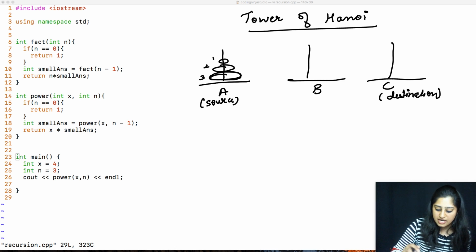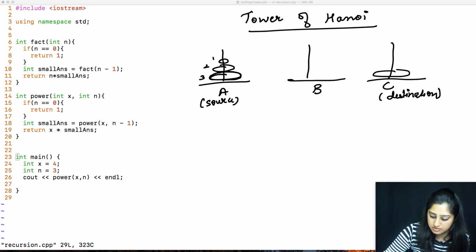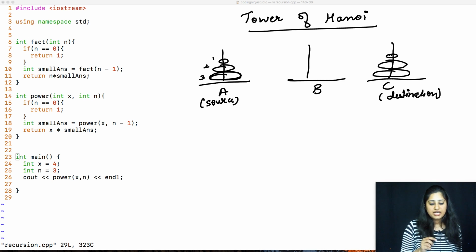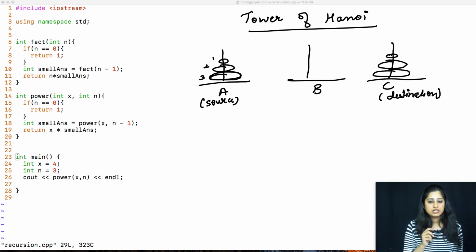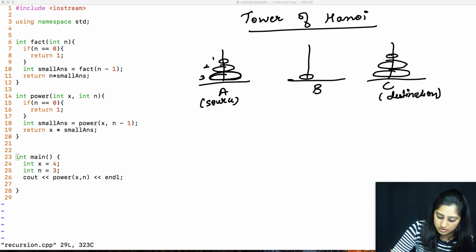Okay, so there are some constraints around it. First constraint is obviously that you have to transfer all the discs in the same order from A to C. That means the target should be this: 1, 2, 3. Now one thing is that I can move only one disc at a time, and I cannot place a disc of bigger size over a disc of smaller size, which means this is incorrect.